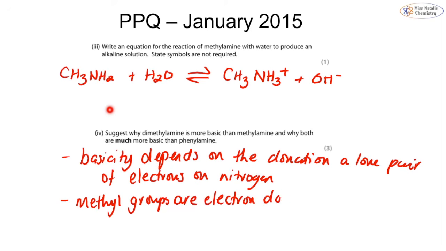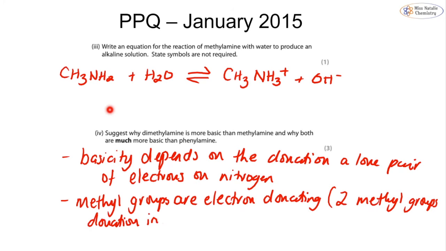So the more methyl groups that you have, the more donating they're going to be. So if we have 2 methyl groups, the donation increases.